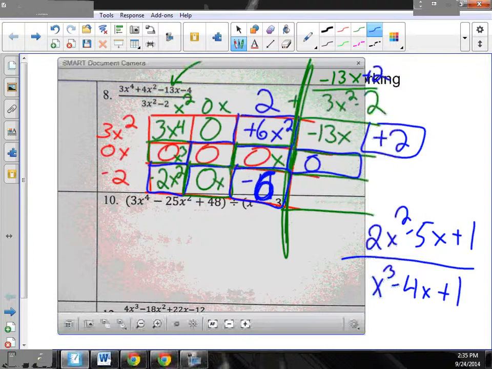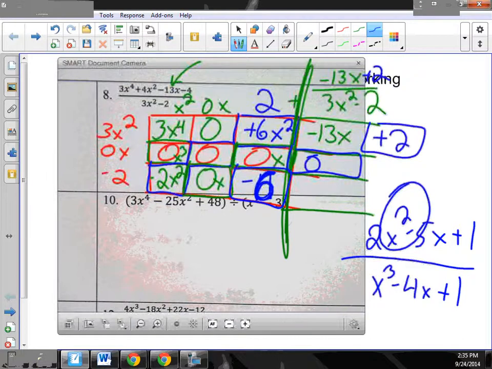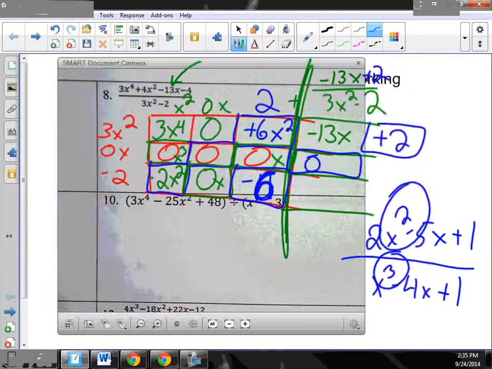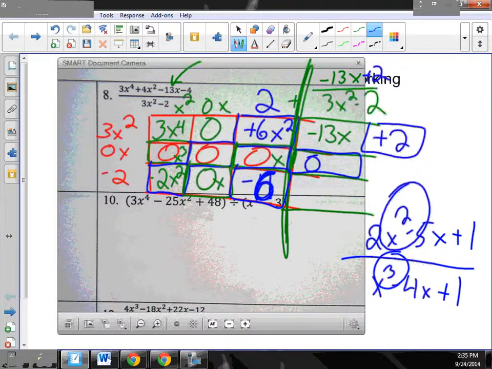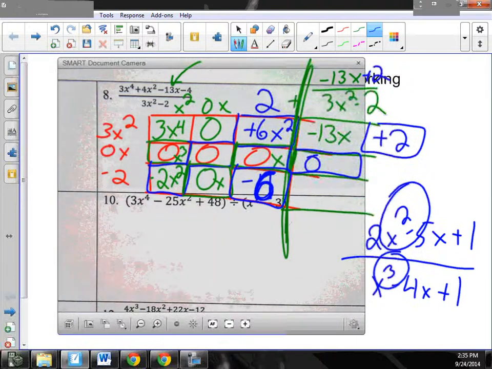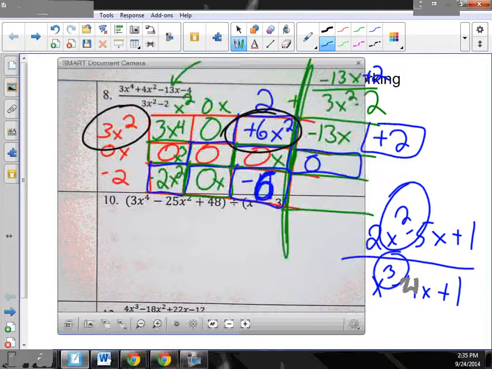So this degree can be as big as one number less than that. And it gets much more complicated because let's say that this number is not actually a multiple of that number. Then your answer is going to be some sort of fraction, and it gets really messy.